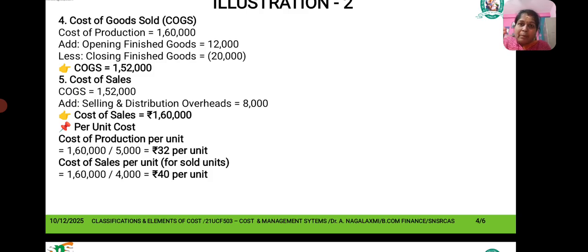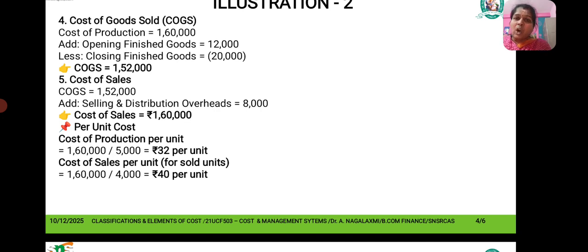They manufactured 5,000 units, and they have given a clue that out of 5,000 products produced, 4,000 products were sold. So cost of sales per unit is 1,60,000, the cost of sales, divided by 4,000 units sold. That is 40 rupees per unit.